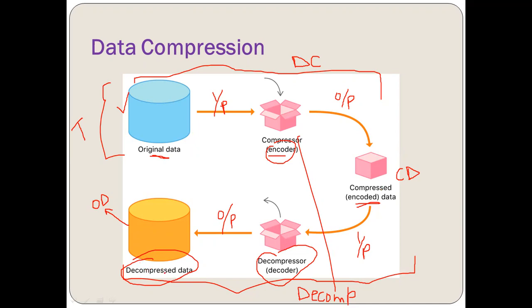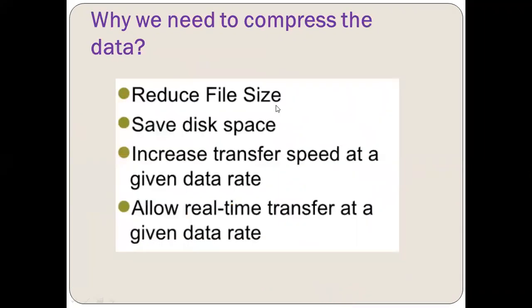So this decompressed data can be the same as the original data, or it can be different from the original data. So there are two possibilities. Just remember these two possibilities, and then we will understand the two types of compression techniques. So I hope the data compression process is clear to you all.